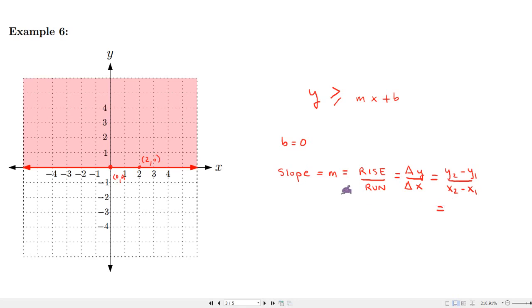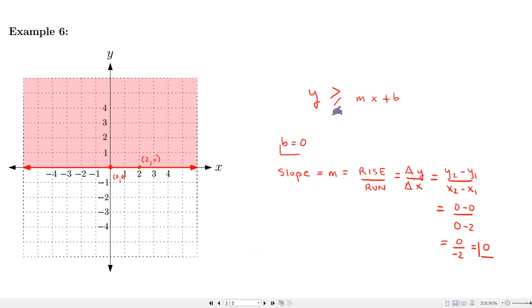So we will have 0 minus 0, and then 0 minus 2. That's just 0 over minus 2, but 0 divided by anything is just 0. If you had -2 over 0, that'd be a problem. But this is our m.